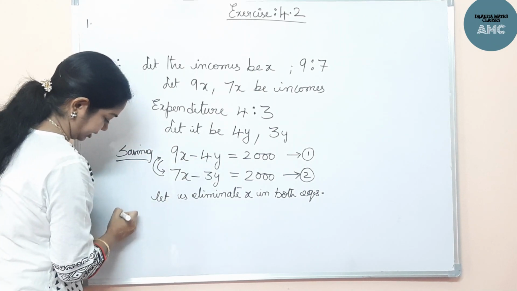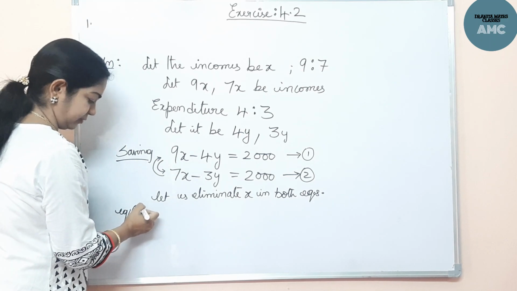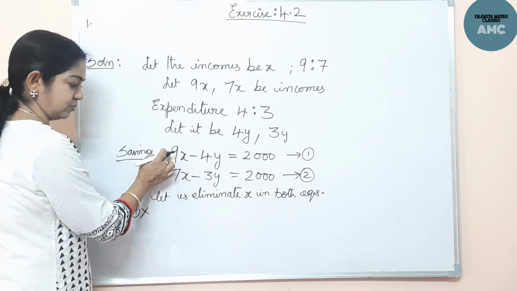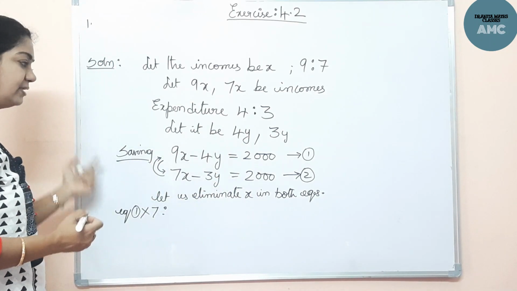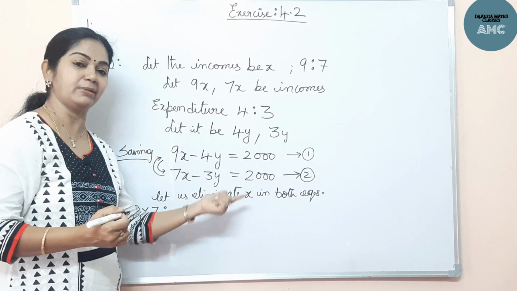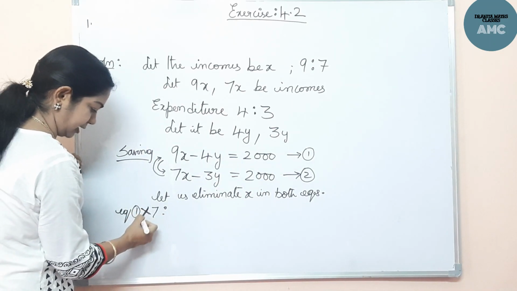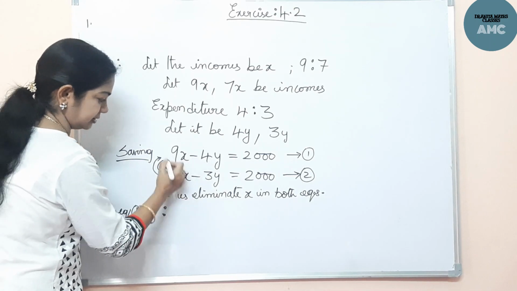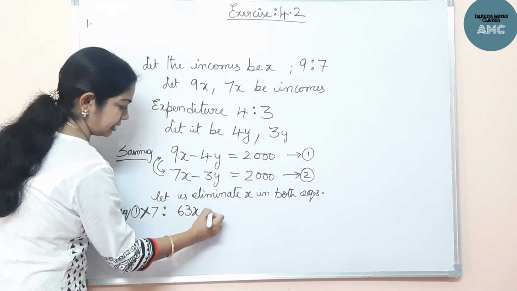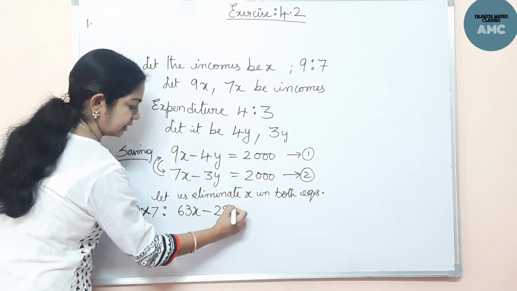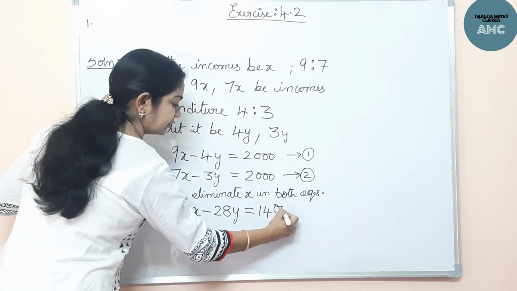So equation 1 multiplied with 7. Directly multiplying, 7 9s are 63x minus 7 4s are 28y equals 7 2s are 14,000.